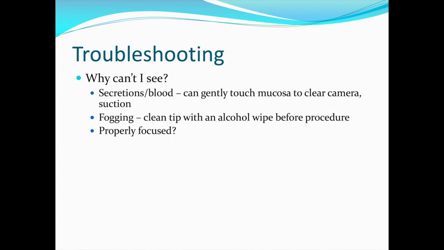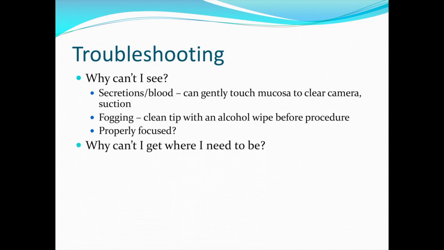Fogging. If the camera tip has fogged up, then what you can do is clean the tip with an alcohol wipe before the procedure, or you may need to remove the bronchoscope and do this again. And did you ensure that the bronchoscope was properly focused before you started the procedure?